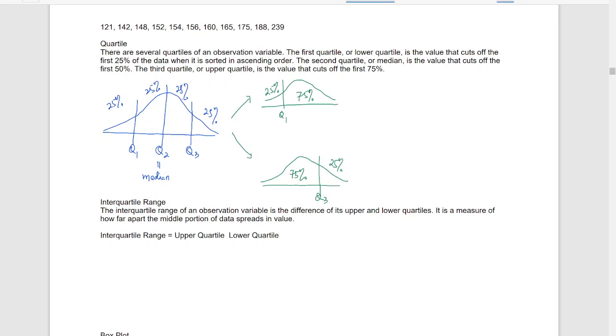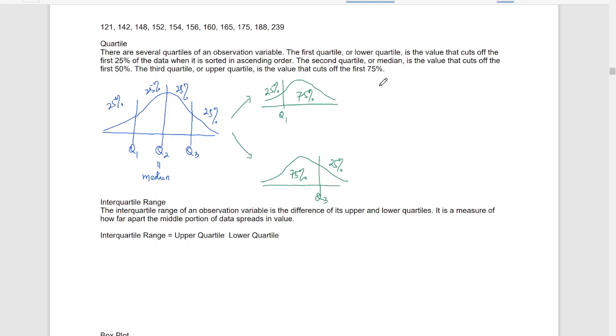Okay, now let's look at how we can calculate the quartile value. Similar to the one that you have in median, the only difference right now is you divide by 4. Kalau untuk median kita divide by 2, right? And then this one you divide by 4, and there is an indicator whether it is the first quartile or the second quartile.